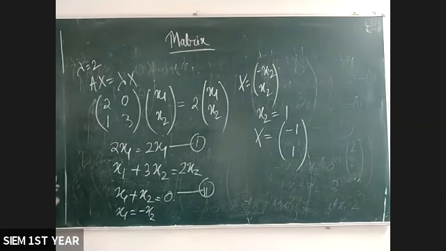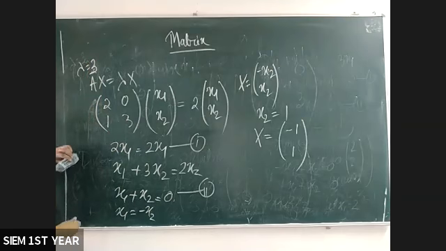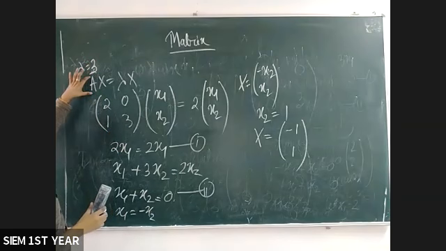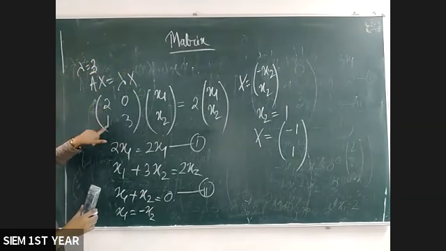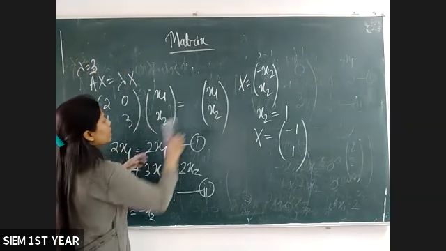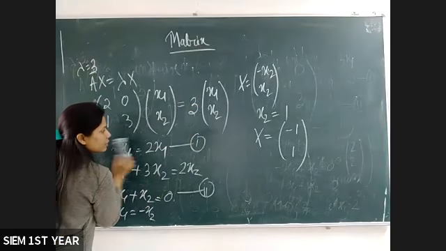Next, I am considering lambda is equal to 3. In this problem, I am considering this because we don't have too much time. Same, AX is equal to lambda X. A means 2013, X means x1, x2, and lambda is equal to 3. But we get a different equation.